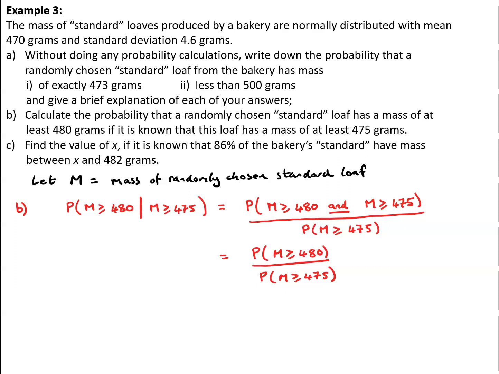We can obtain those two probabilities from the probability calculator for the normal distribution, and they give me 0.01486 divided by 0.13853, which gives me a conditional probability of 0.107.